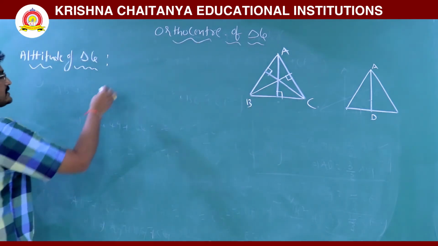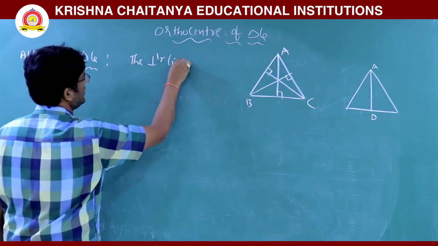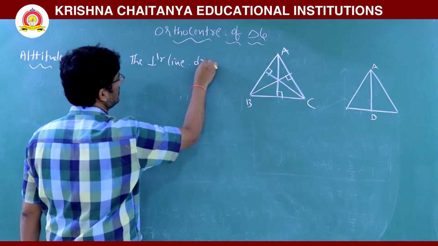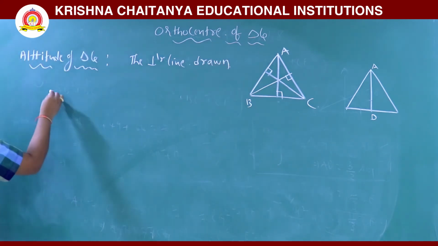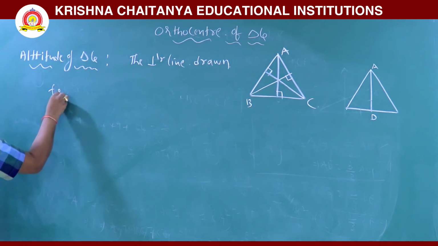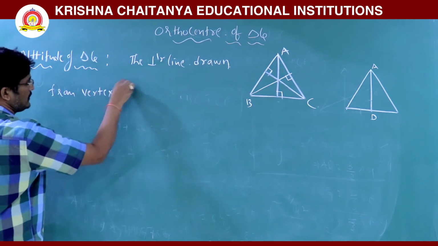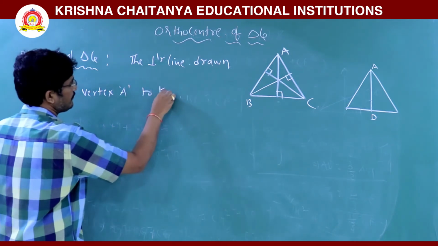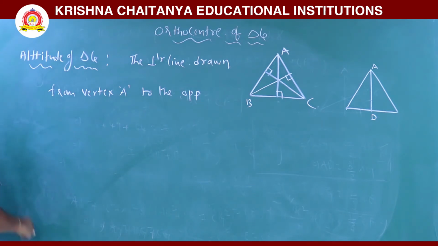So altitude means the perpendicular line drawn from vertex A to the opposite side.